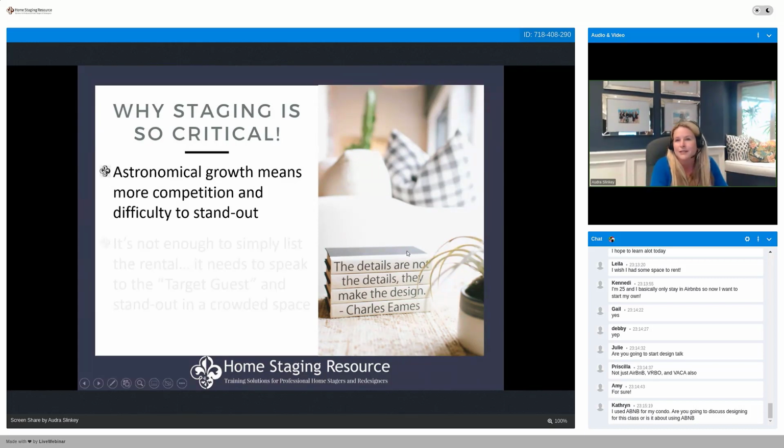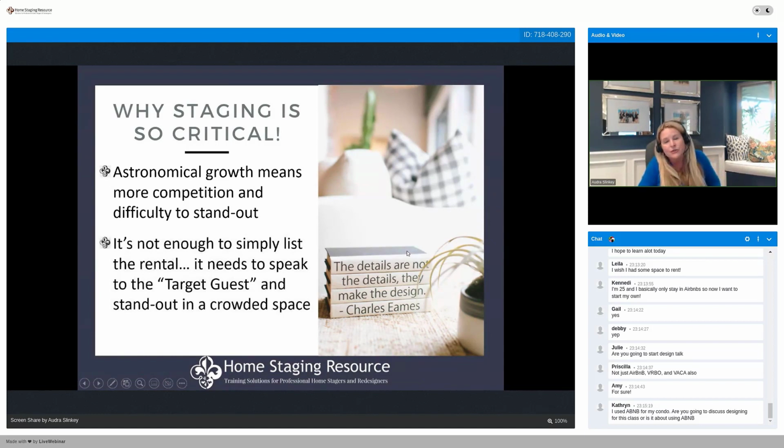It's just like anything, when there's a lot of inventory, you just want to get attention. And it's not enough these days to simply list your rental, put a bunch of Target furnishings in there or what have you, and throw it on the market. It has to actually speak to your target guests and it has to stand out in that crowded marketplace.